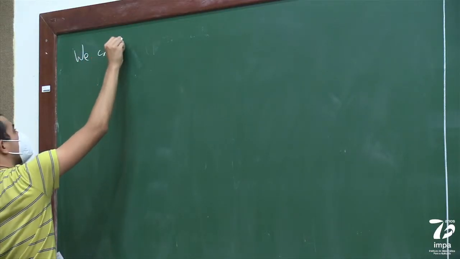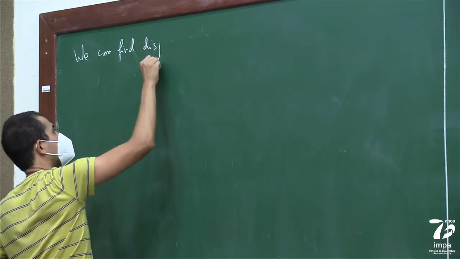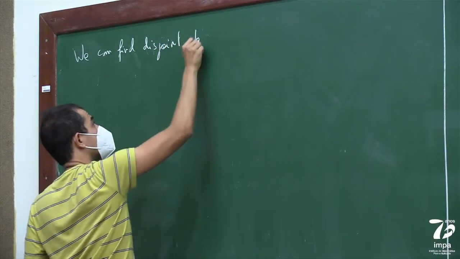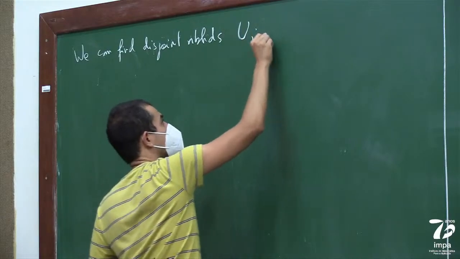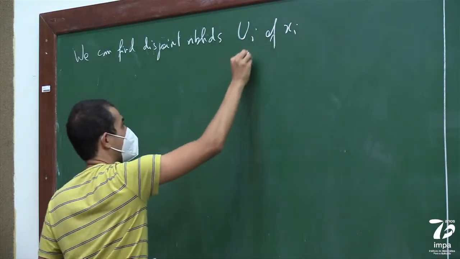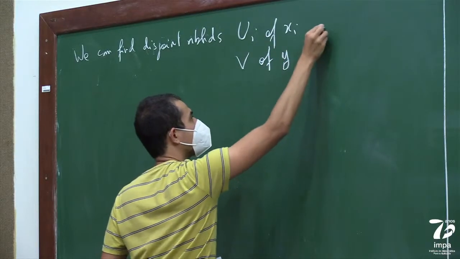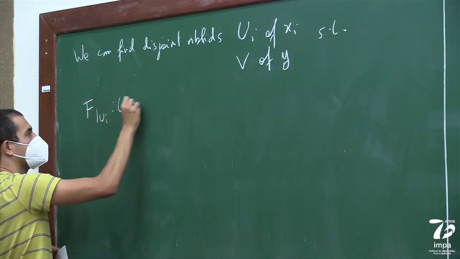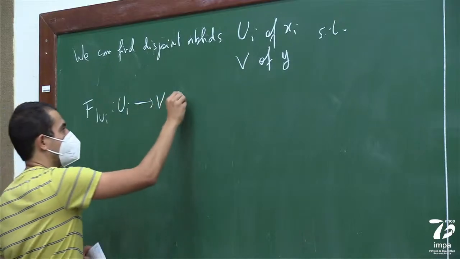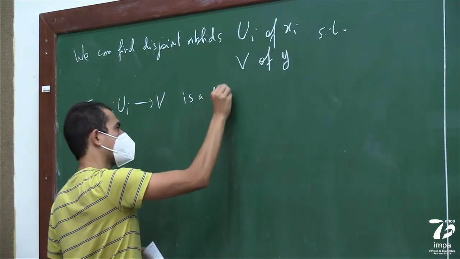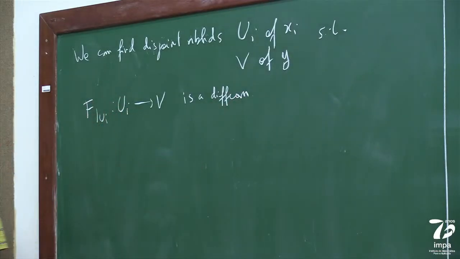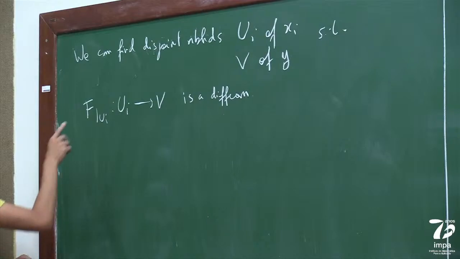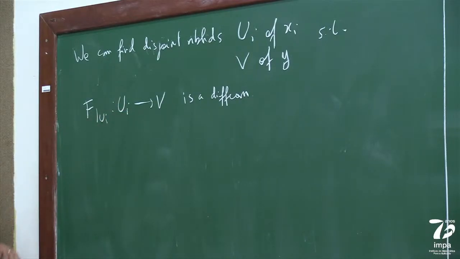So we can find disjoint neighborhoods Ui of xi and V of z such that f restricted to Ui takes Ui into V, and these are diffeomorphisms. And you can choose the same V because you can just take the intersection of all of them, because it's a finite number.